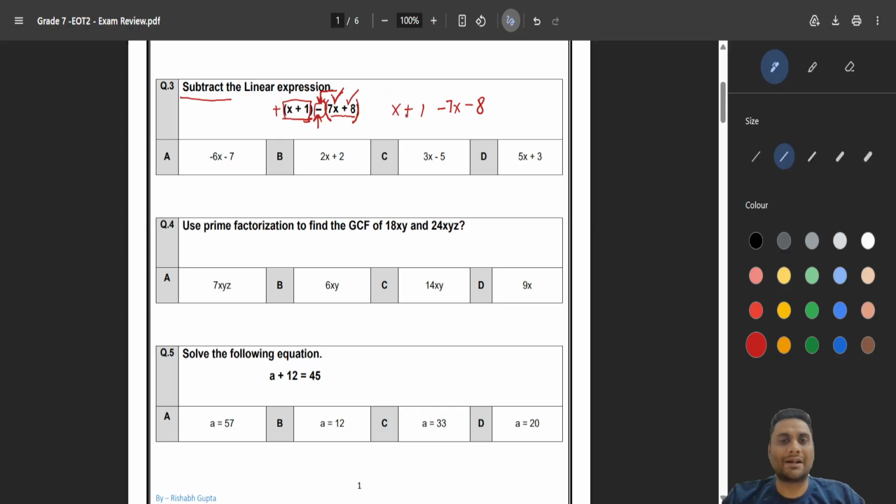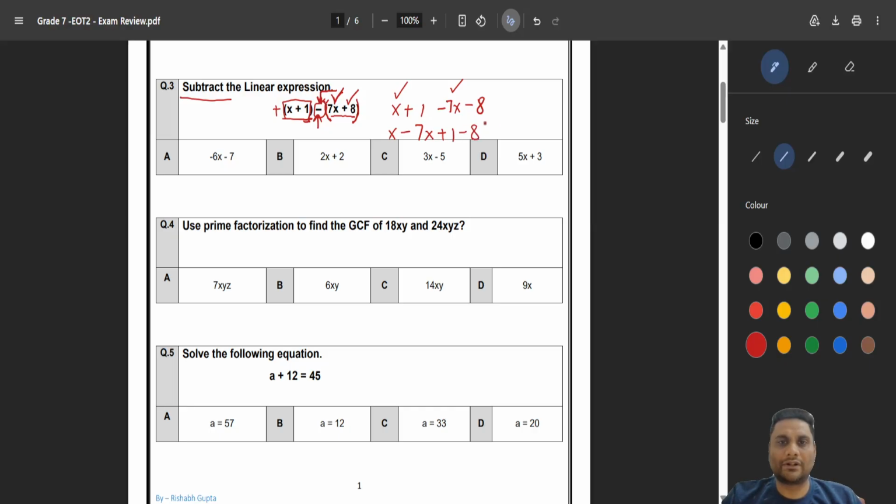The plus will become minus and the minus will become plus. Now again I will keep the x with the x, so this will become x minus 7x, because there I have minus now. Then plus 1 and minus 8.